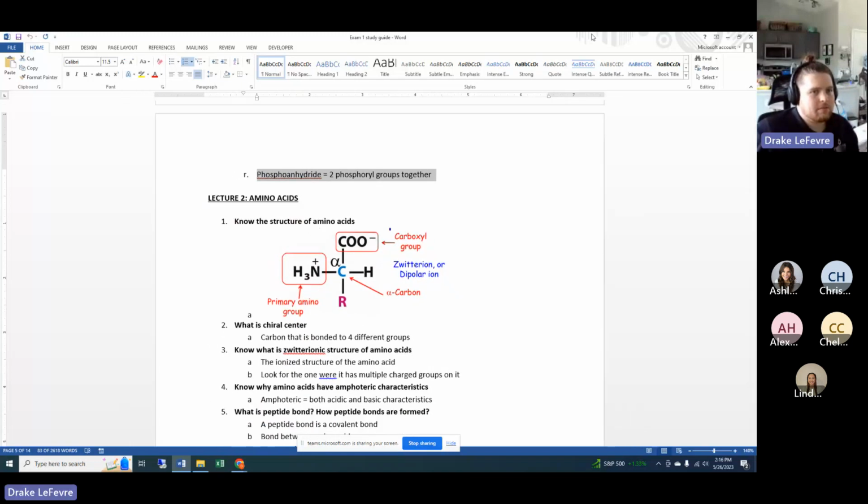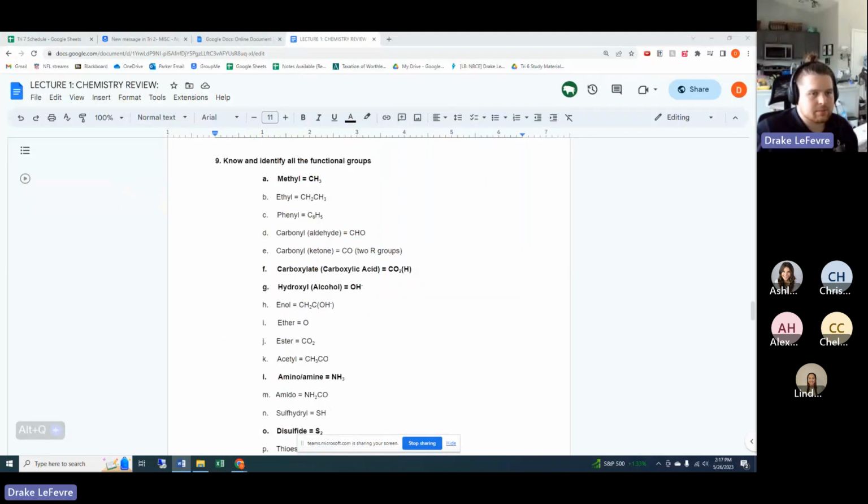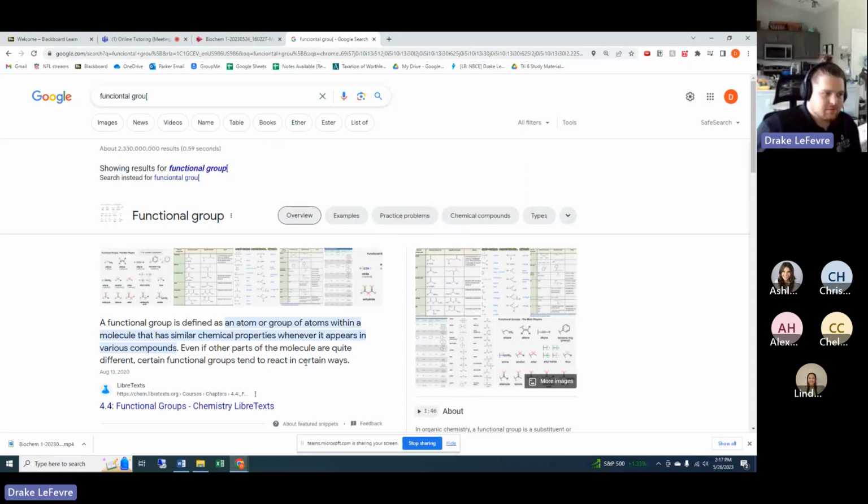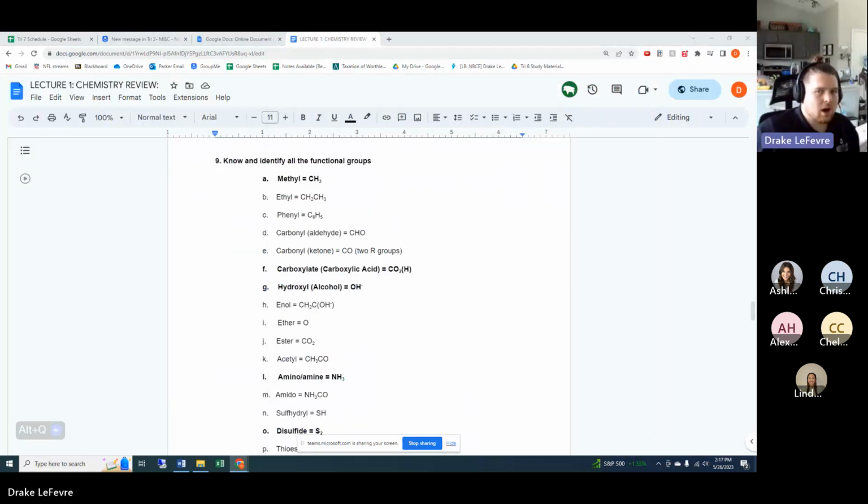A functional group is referring to something that's literally going to the definition. A functional group is defined as an atom or group of atoms within a molecule that has similar chemical properties whenever it appears in various compounds. So I think you could technically call those R groups functional groups, but they're not the ones that are commonly found. You don't typically group those R groups with the traditional functional groups.